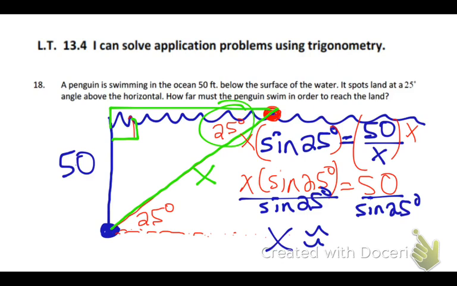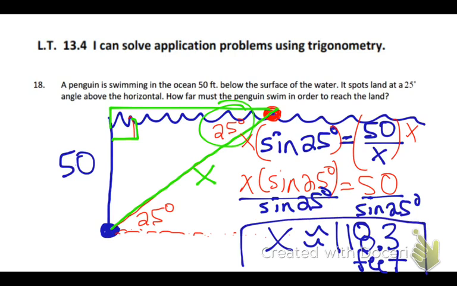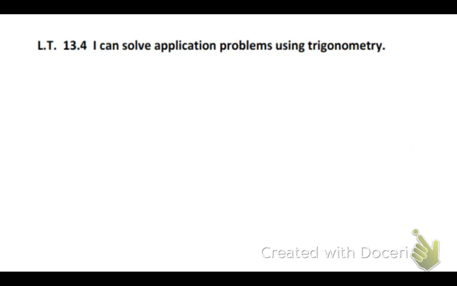We're supposed to round it to the nearest... What do we got on this one? Not sure on that one. I'll just say 118.3 feet. Okay, or nearest foot, 118.